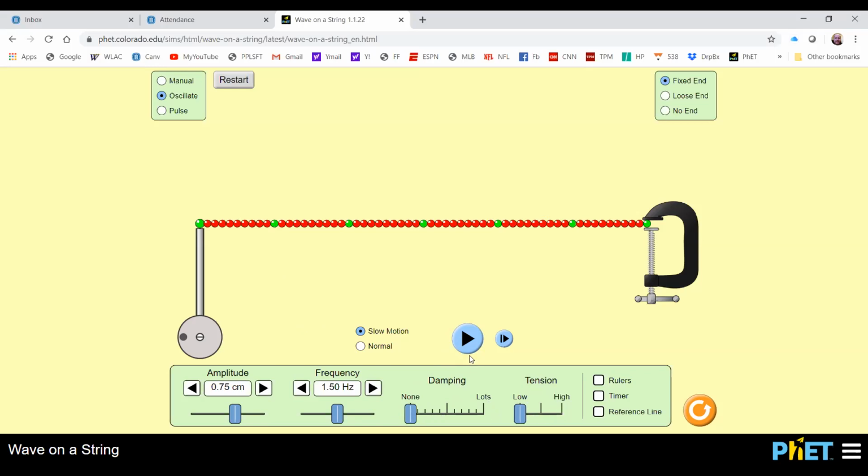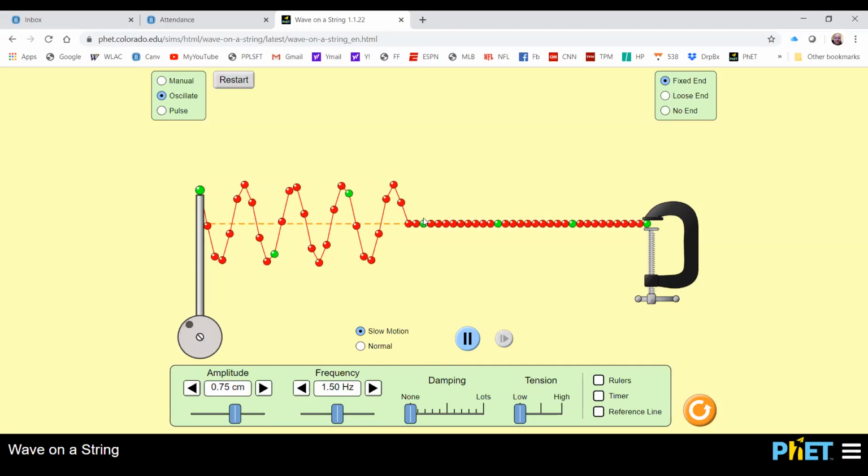So if we start this wave with this little wave generator here, a little oscillating piece of metal attached to a string, you can see how the wave will propagate through the string, okay? So I'm going to start it. It's in slow motion. You can see the wave's energy is moving along as the string goes up and down with the wave, right?